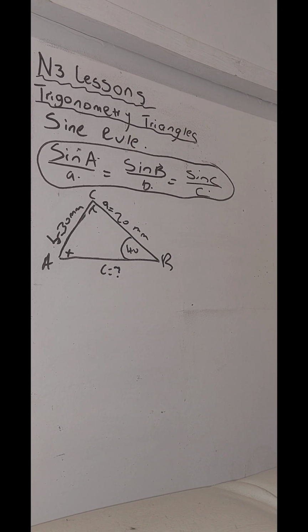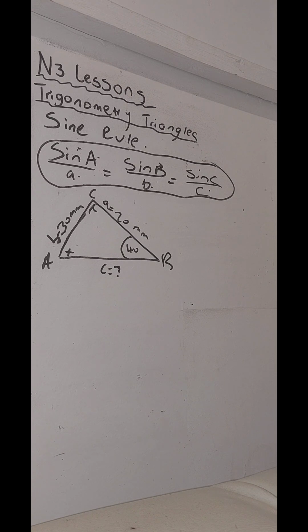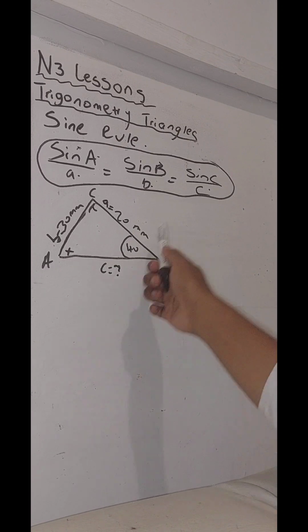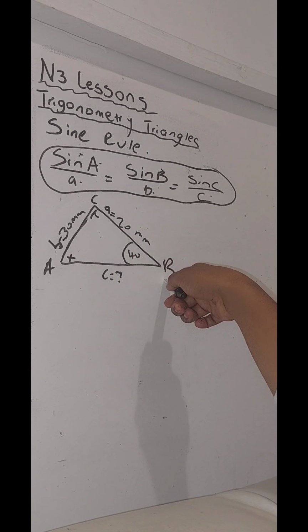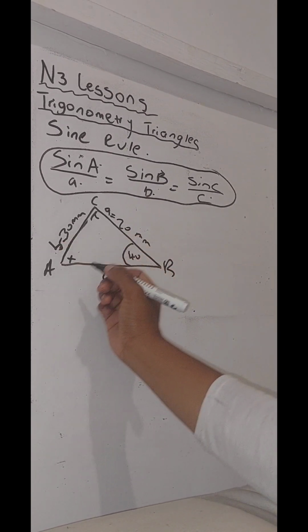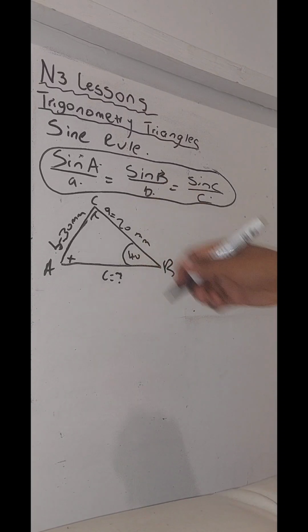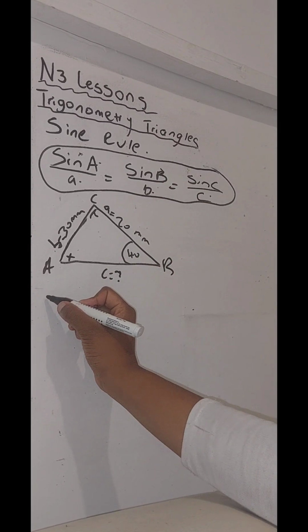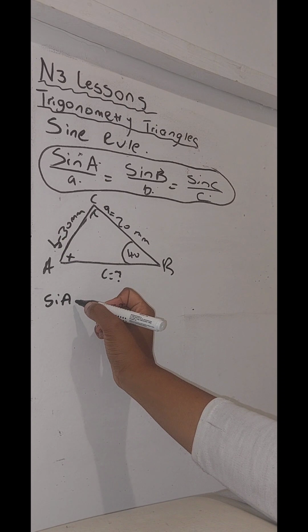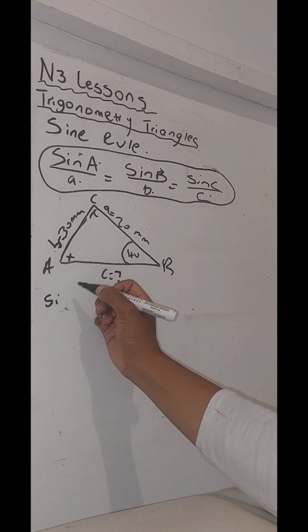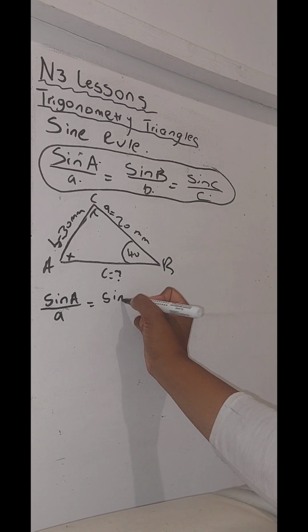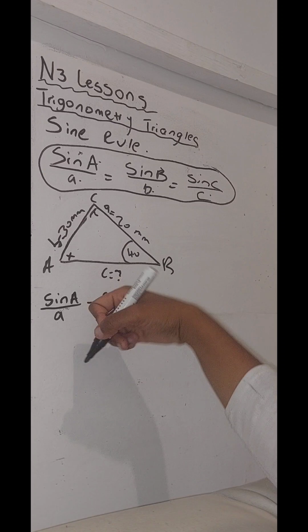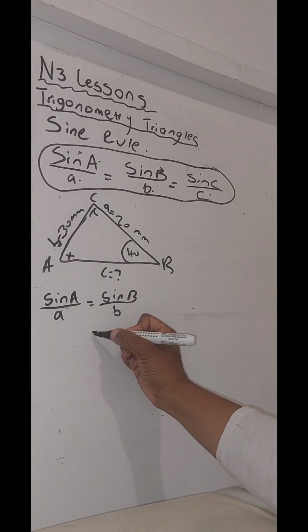Okay, guys, so how can we solve this? Firstly, I want us to solve for A. We have A and B, but we don't have an angle for A. So let's start with that. I'm going to say sine A over A is equal to sine B over B. Let's start with the ones that we have information about. For B, I have everything.